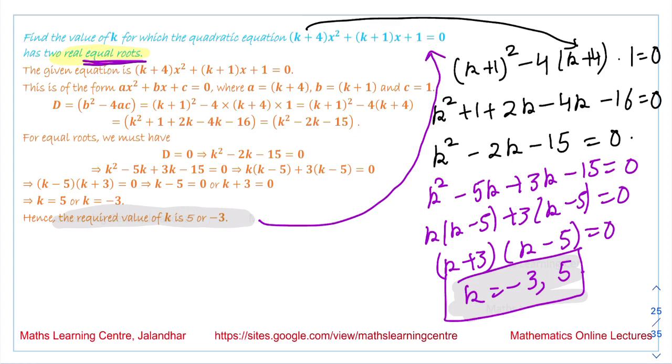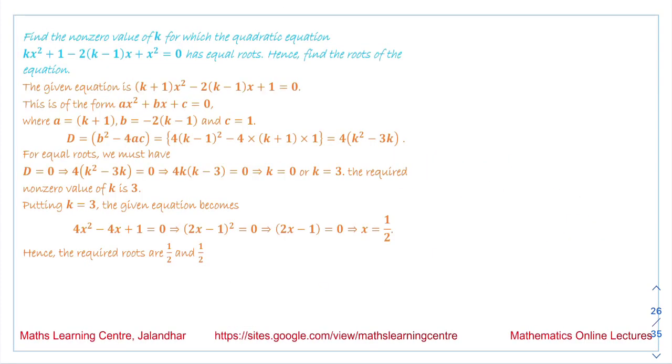Next is find the non-zero value of k for which the quadratic equation has equal roots, hence find the roots of the equation. Again it is equal roots, and the condition for equal roots we have to find. So we are writing the discriminant. Before writing the equation we are adjusting the terms of this equation.